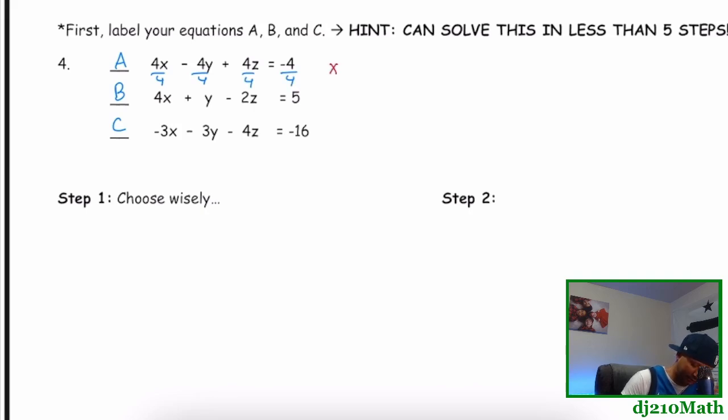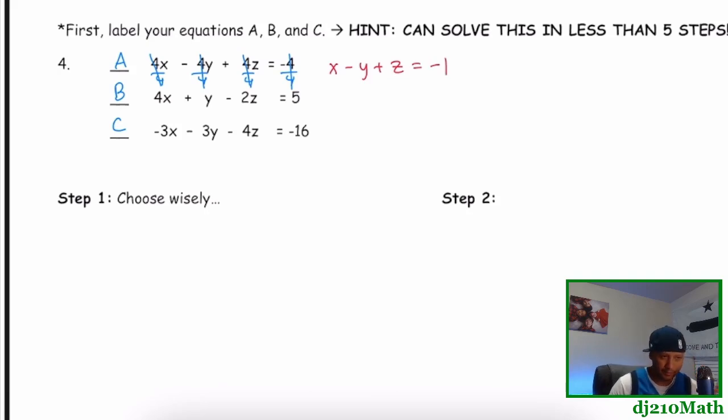Because this cancels. This cancels into negative 1. So x minus 1, y. 4's cancel, so plus z. And then again, the 4's cancel, making negative 1. This equals negative 1.